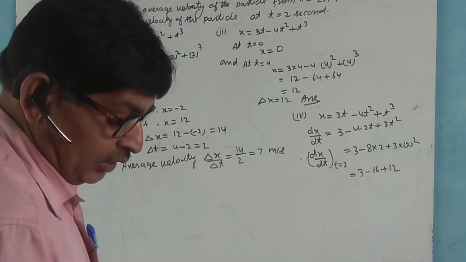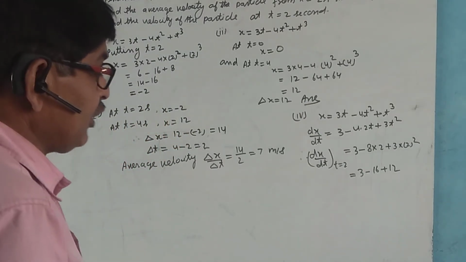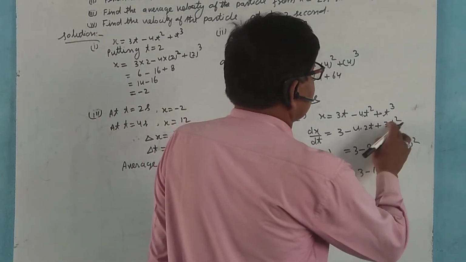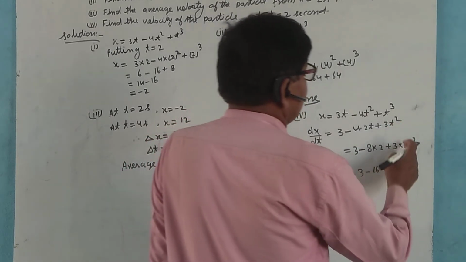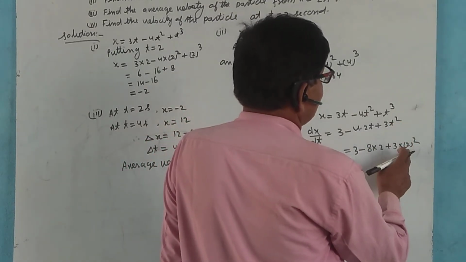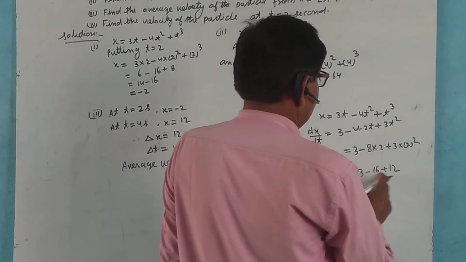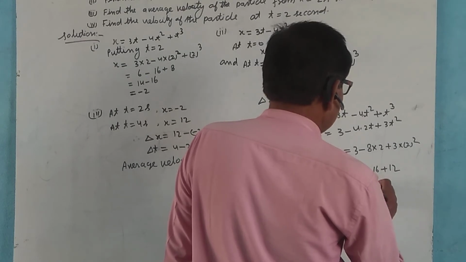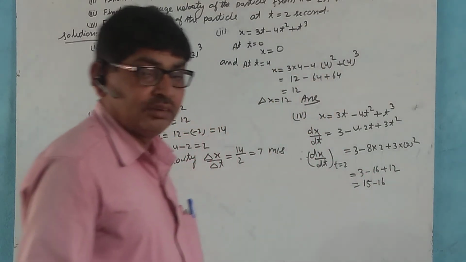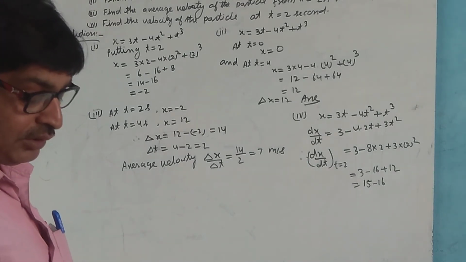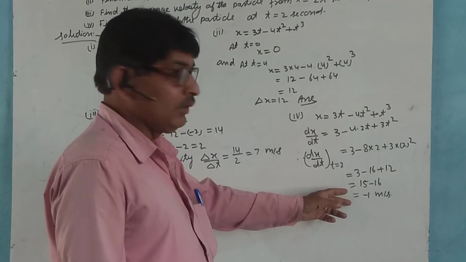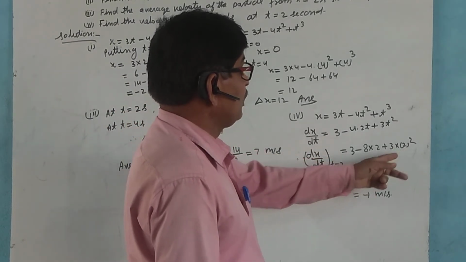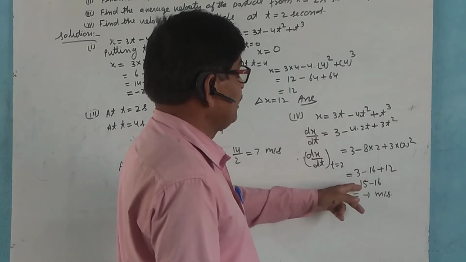So 3 minus 16 plus 12, that is 15 minus 16.